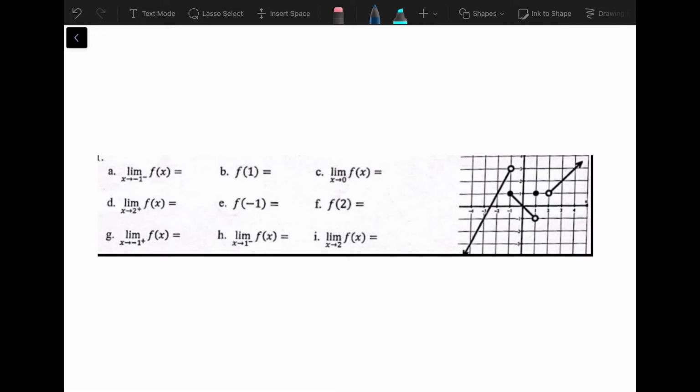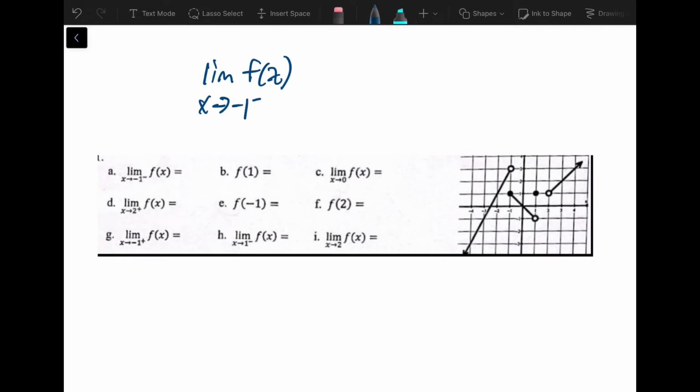So here's something a little different. Here we start getting into finding limits using different types of graphs. If you look at this first question, it says the limit of f of x as x approaches -1, but then there's this weird little negative sign on top.